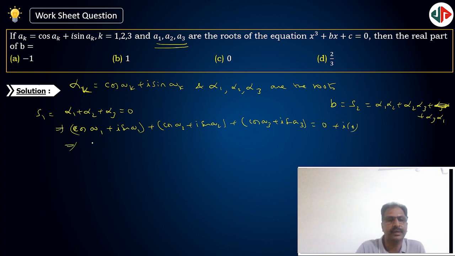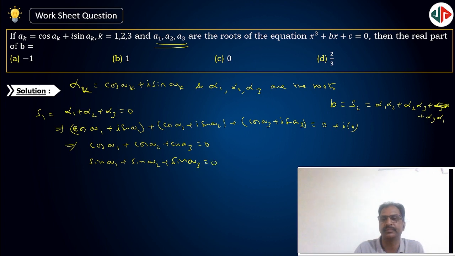So by comparing real parts on both sides, cos A1 plus cos A2 plus cos A3 is equal to 0, and by equating imaginary parts, sin A1 plus sin A2 plus sin A3 is also 0.